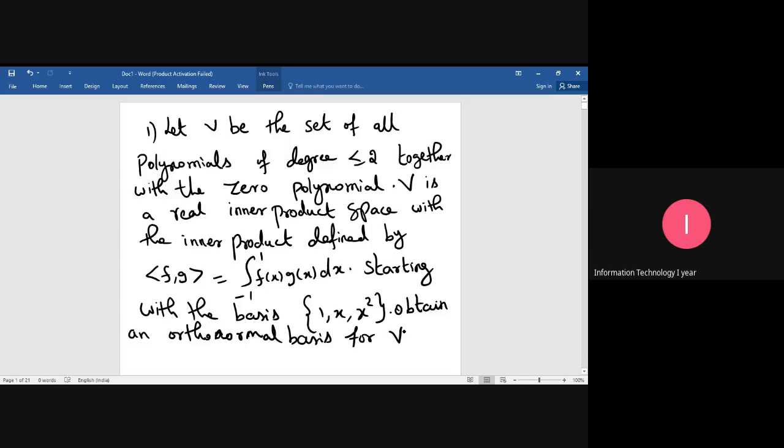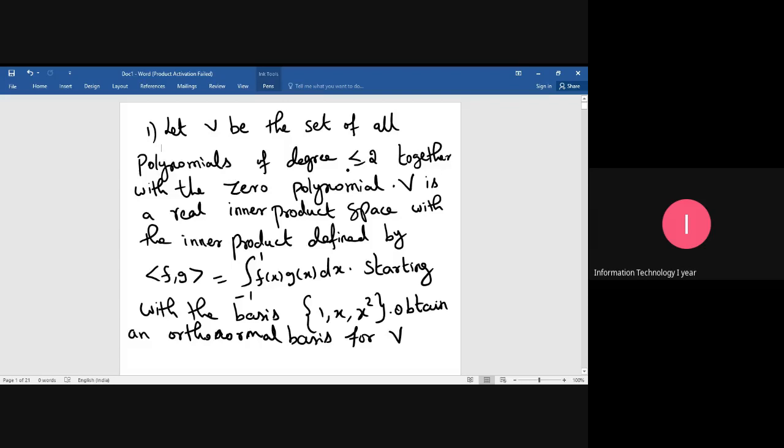So we just have to find the orthonormal basis for V, but V is given a little differently compared with the previous problem. V is the set of all polynomials of degree less than or equal to 2.